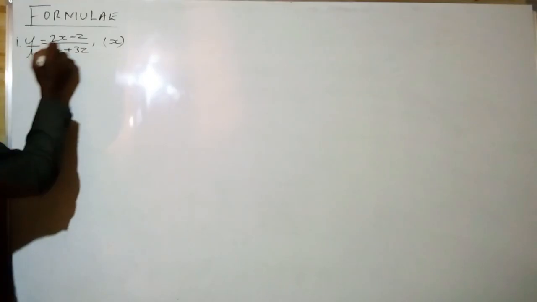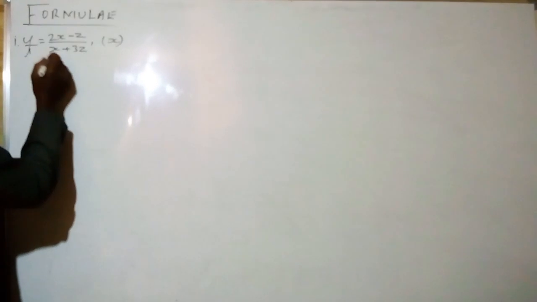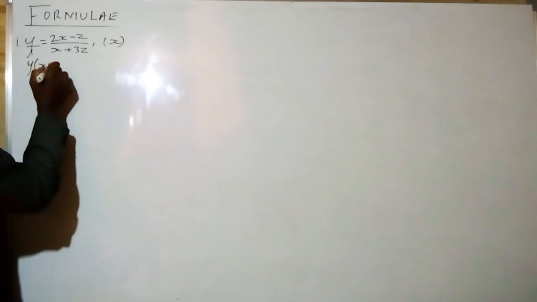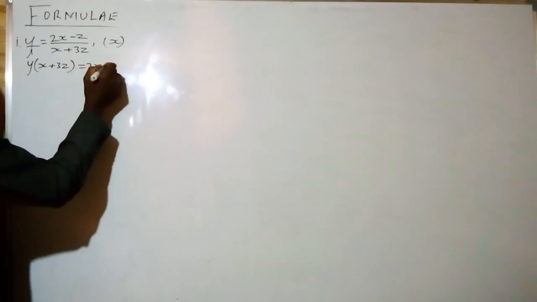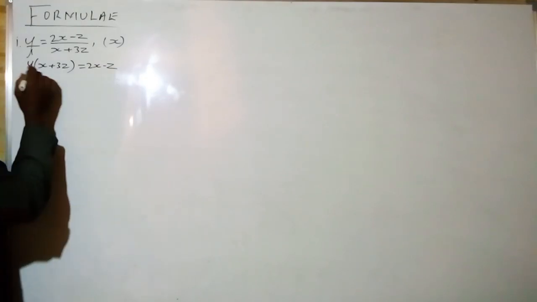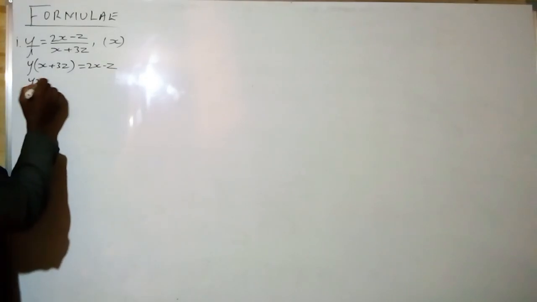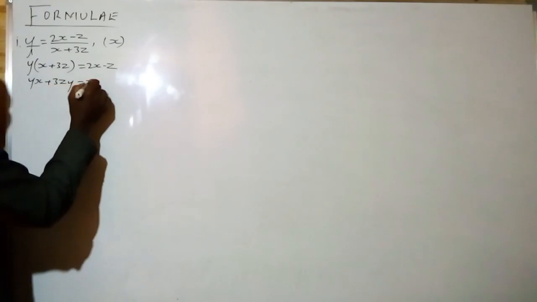This is y over 1, and we are going to have y, open the bracket, x plus 3z is equals to 2x minus z. Then we open the bracket: yx plus 3zy is equals to 2x minus z.